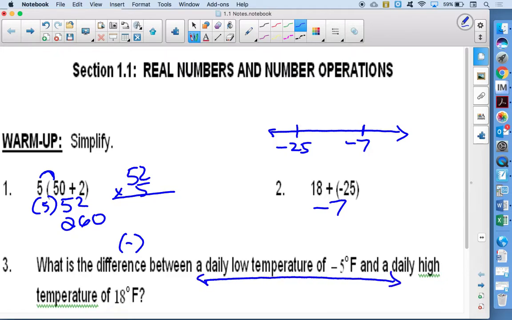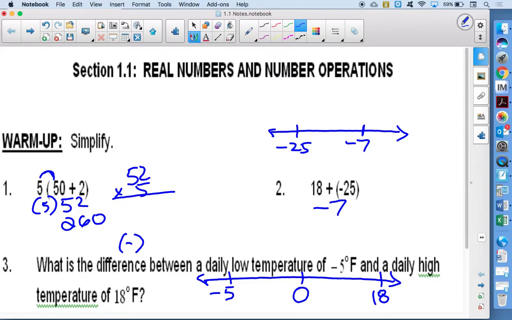And I'm going to start at negative 5. All right? And then a daily high of 18. So if I'm going from negative 5 to 18 past 0, how many jumps am I going in a positive direction all the way to 18? So what would my difference be?